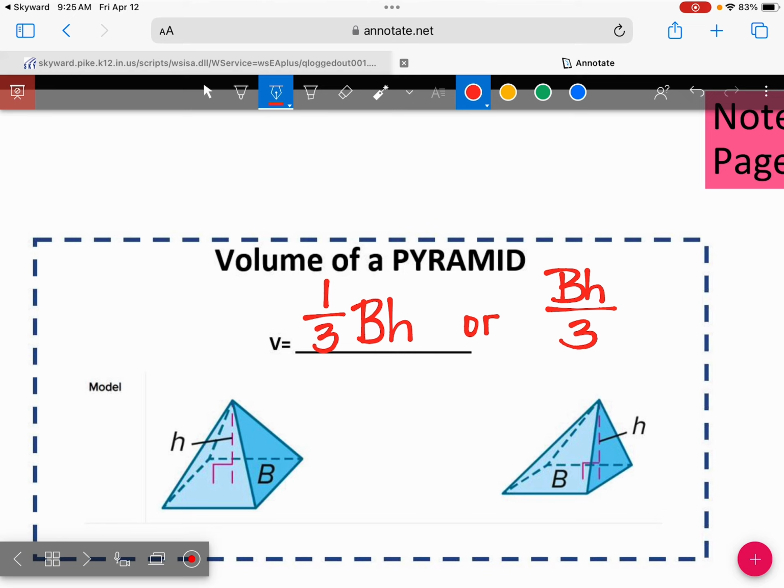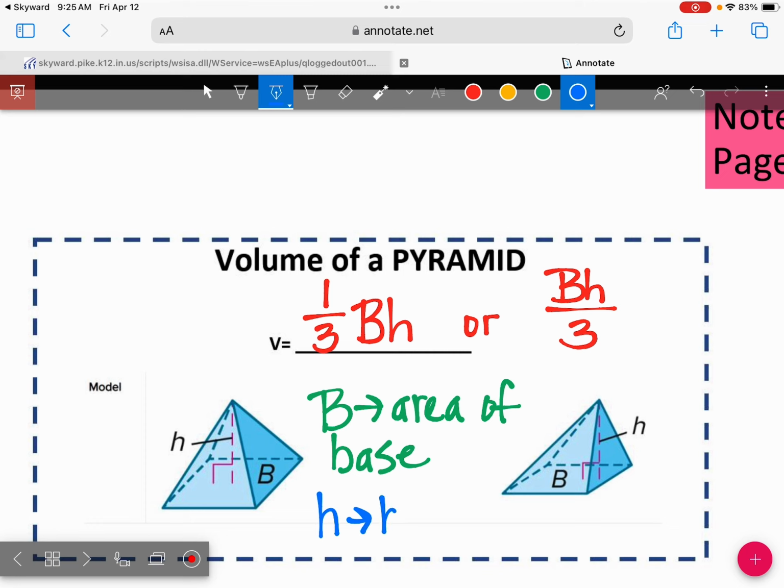So it's 2 different ways you can write that formula. Just remember that B, again, is the area of the base. And when you're looking for height, it's always connected to a 90 degree angle. So you got to look for that 90 degree angle.